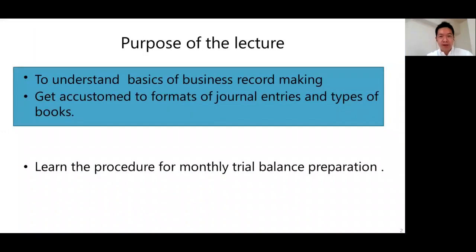At first, the purpose of this lecture: there are two main purposes. At first, some of you have clients and support them for business record making. So for those of you, I will explain to help you understand the basics of business record making.